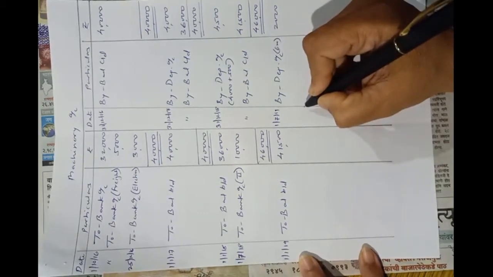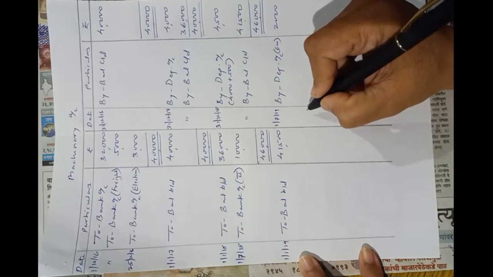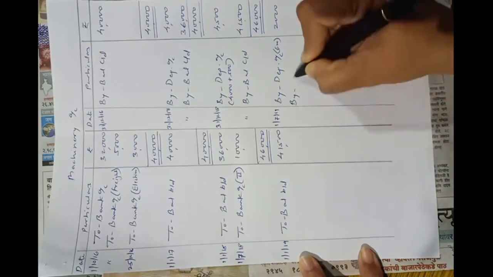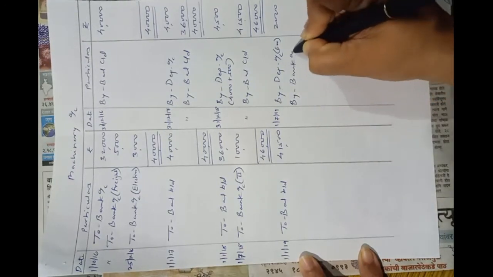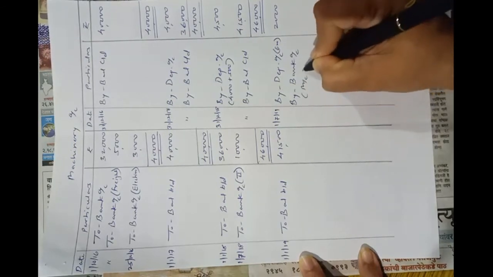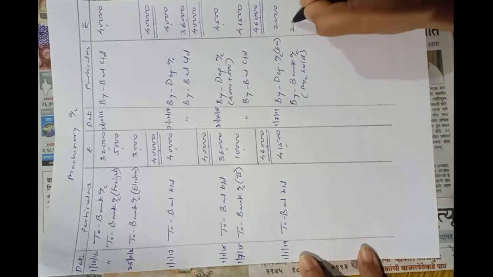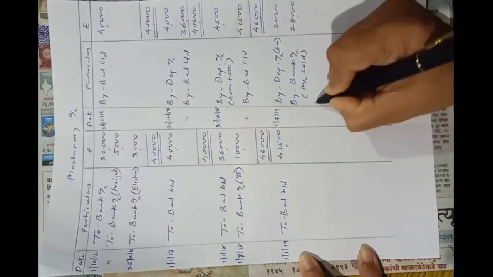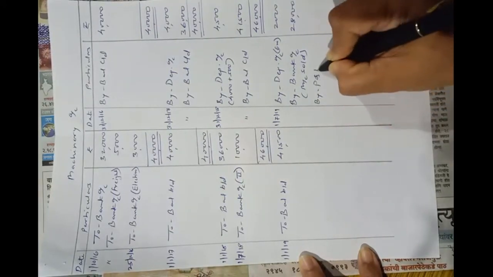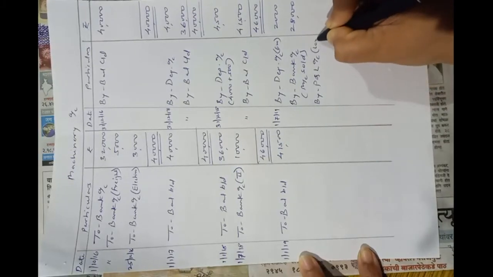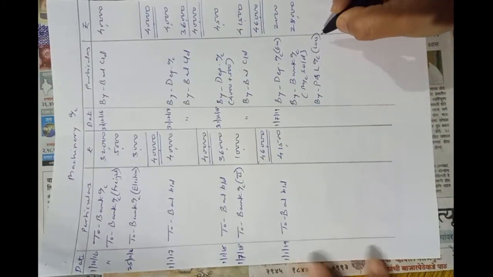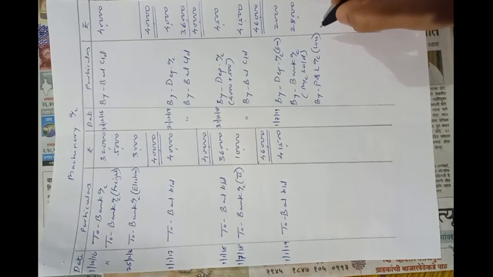It is for 6 months. Okay, then on the same date they have sold the machinery, so by bank account, machinery sold, they have sold the machinery for rupees 28,000, and there is loss, so by profit and loss account, loss in sale of machinery, it is rupees 2,000.